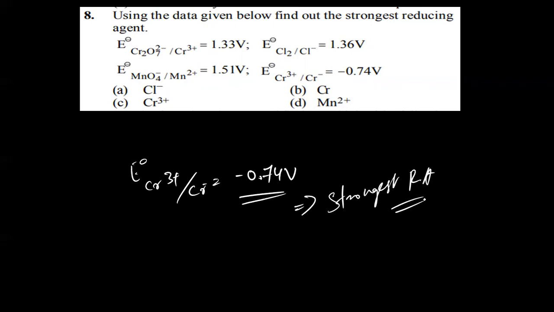In the electrochemical series, fluorine acts as the strongest oxidizing agent, and lithium metal acts as the strongest reducing agent. I'm talking about the overall electrochemical series. But in this given data, chromium has the highest negative potential value, so it acts as the strongest reducing agent. So for question number 8, it's option B, chromium.